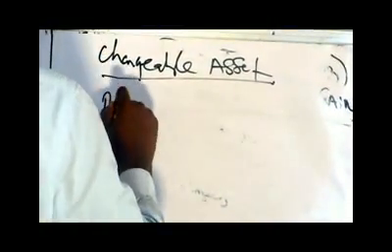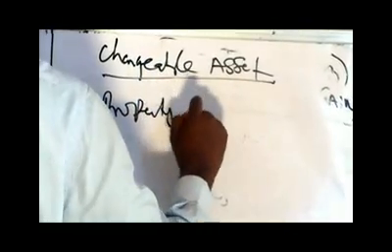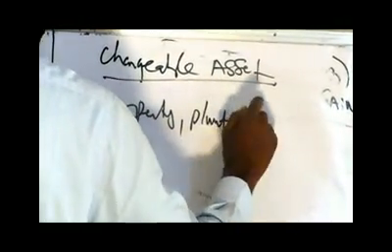So now again, let's look at what we call the chargeable assets. When we say chargeable asset, we mean assets that are subject to capital gain tax. Any asset that is subject to capital gain tax is called a chargeable asset. Number one, we have PPE, property, plant, and equipment.